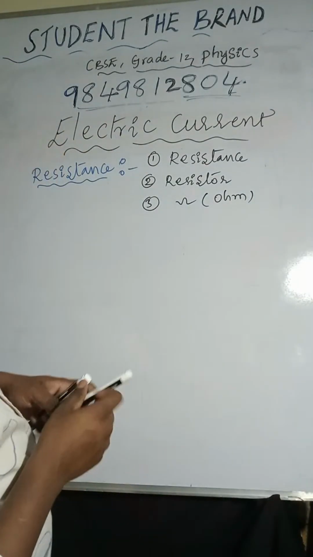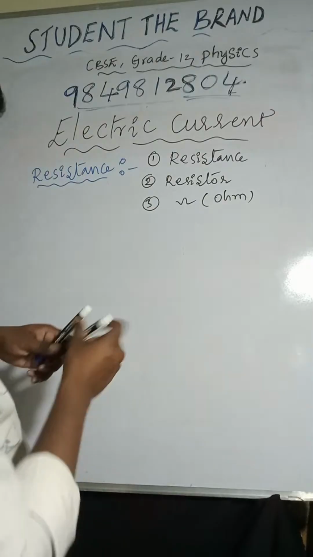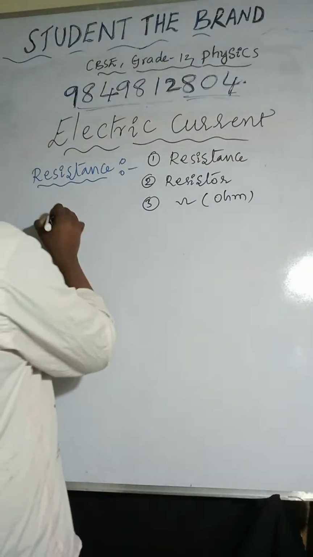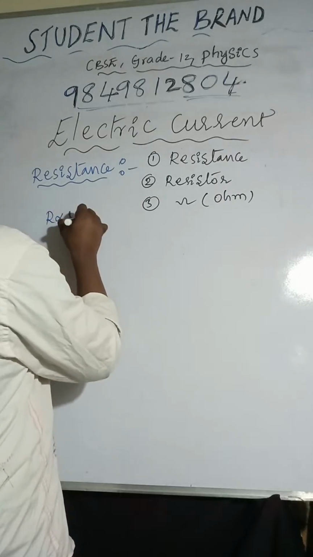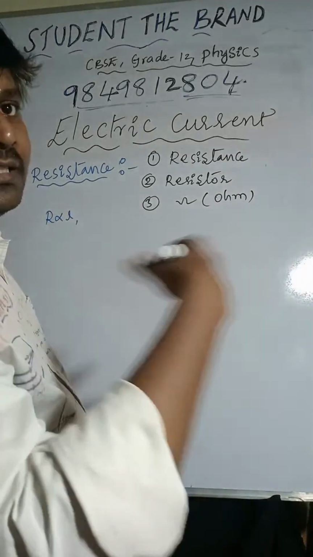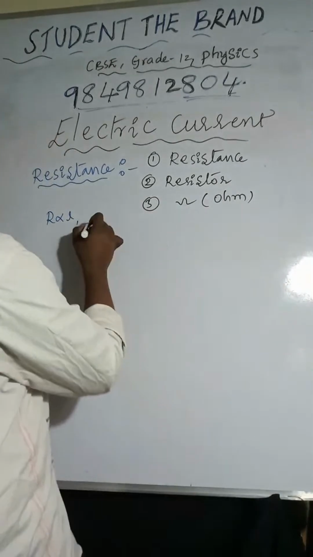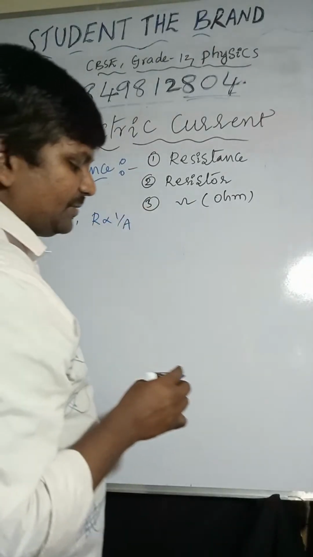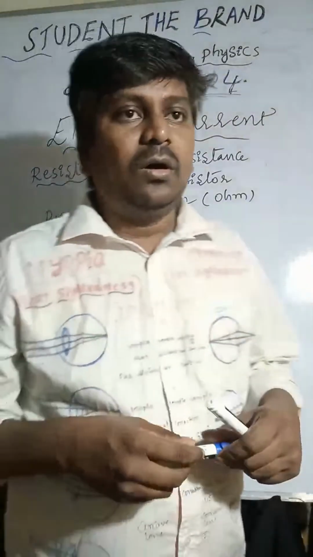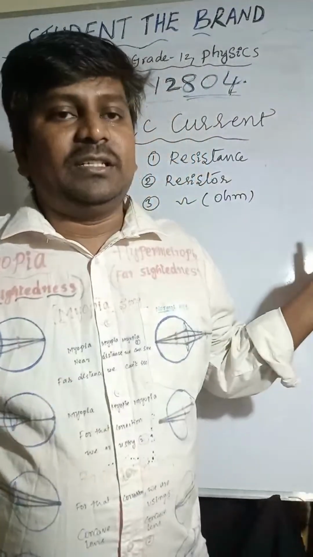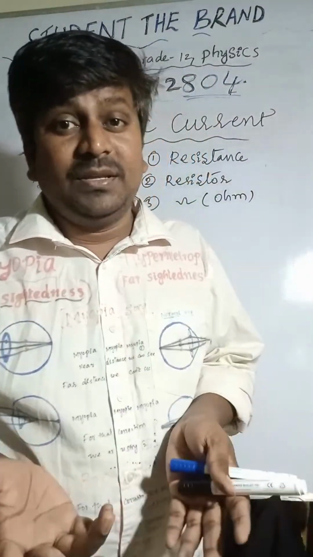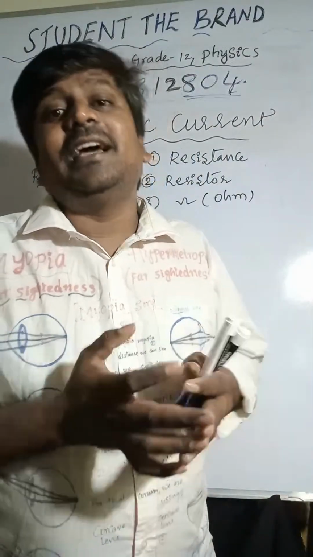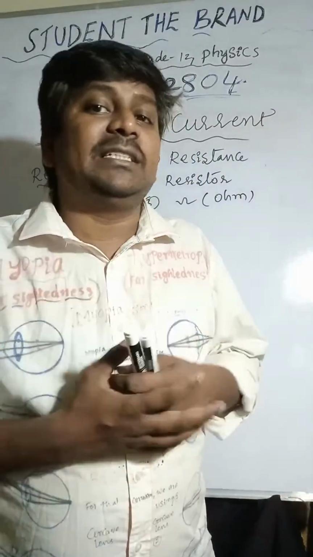And coming to resistance, it depends on the length of the conductor. If length is more, resistance is more. If length is less, resistance is less. And it depends on the area of the cross section. If more area of the cross section, less resistance will be there. If less area, more resistance will be there.